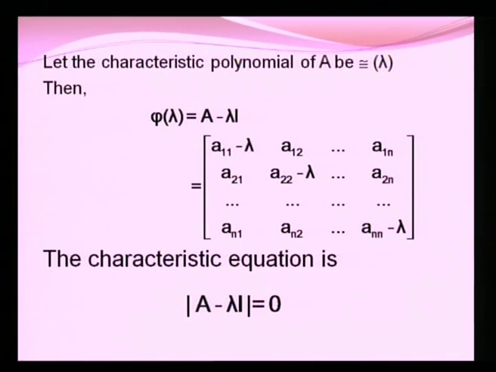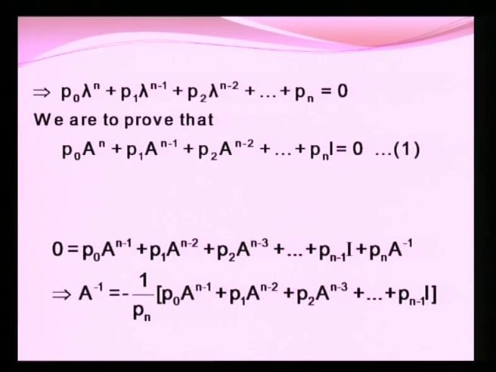So we will get the characteristic equation here in the form of lambda, that is a polynomial of degree n, where p0, p1, p2 up to pn are the coefficients of that polynomial. So we have p0 lambda raised to n plus p1 lambda raised to n minus 1 plus p2 lambda raised to n minus 2 plus up to plus pn is equal to 0.